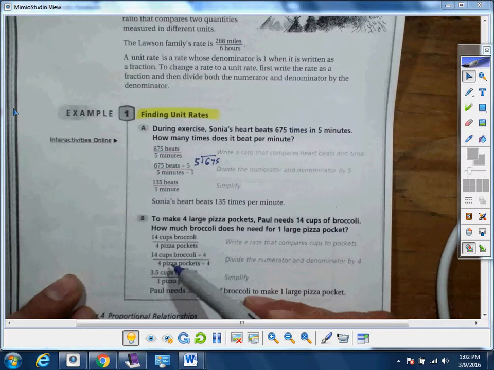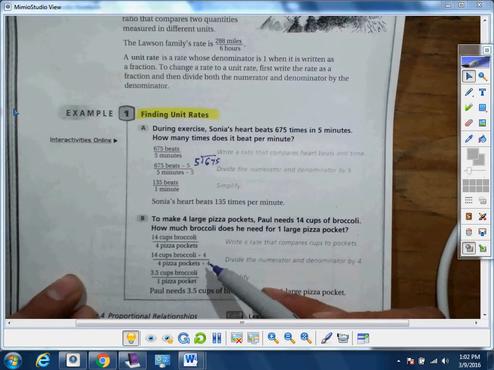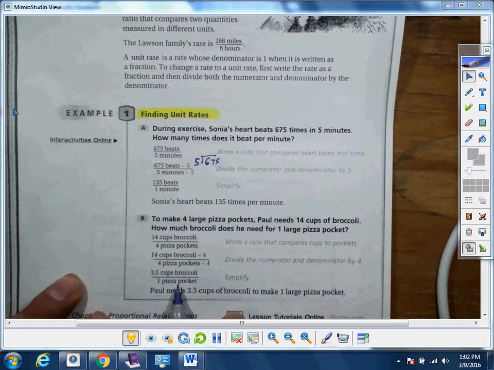From there, they wanted the bottom number to be 1, so they divided the top and the bottom by 4. Once they calculated that, it came out to 3.5 cups of broccoli over 1 pizza pocket. So he needs 3.5 cups of broccoli to make his 1 pizza pocket. Hopefully this is making sense so far.